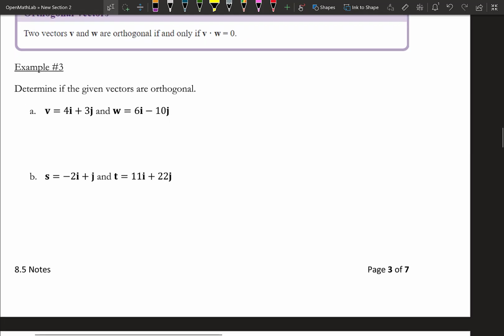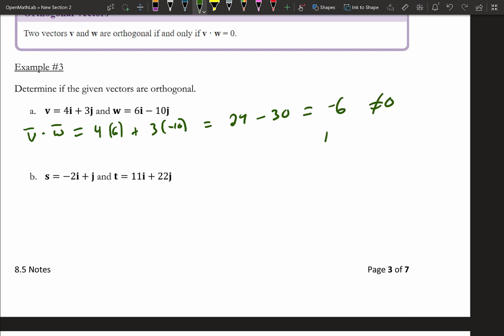So example 3, we're asked to determine if the given vectors are orthogonal. So to do that, we just take the dot product of vector v and vector w, which would be 4 times 6 plus 3 times -10, which equals 24 minus 30, which is equal to -6, which is not equal to 0, right? So these are not orthogonal.